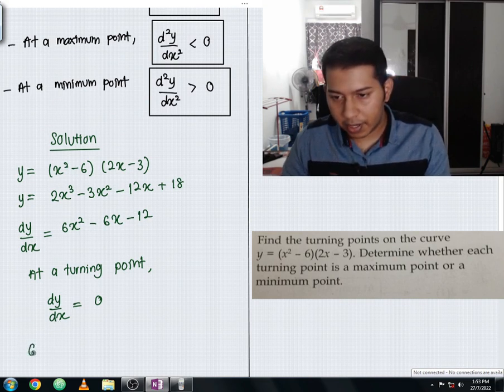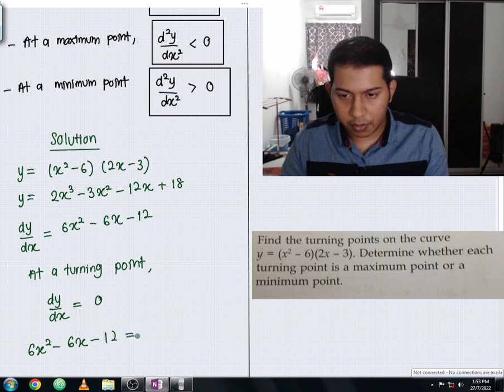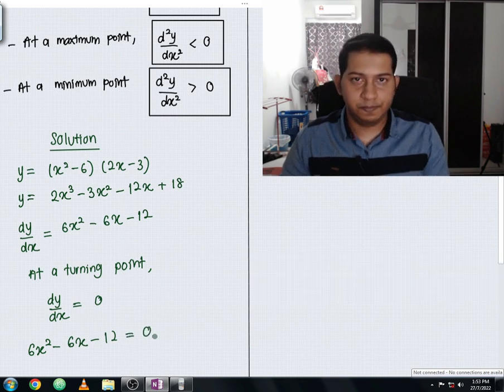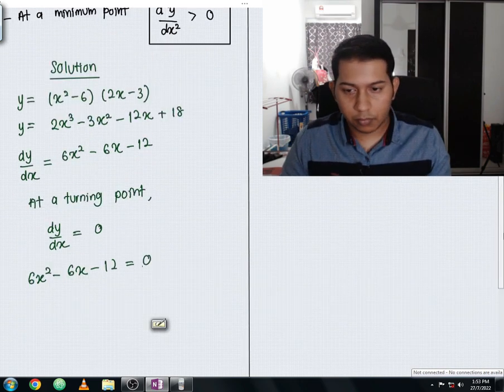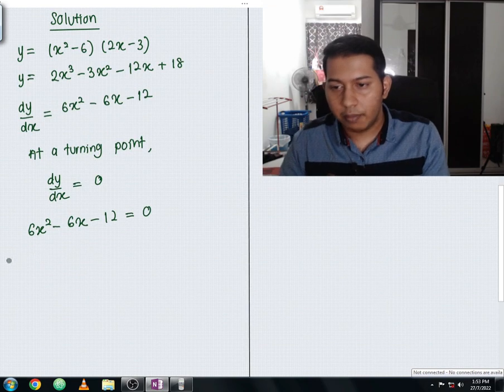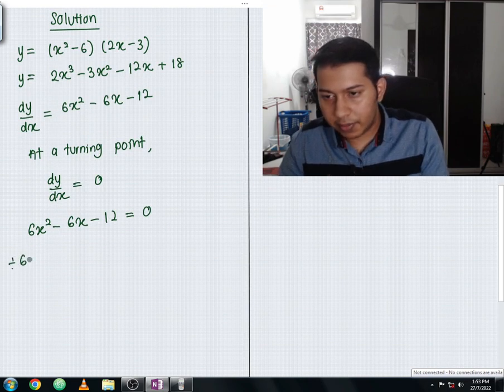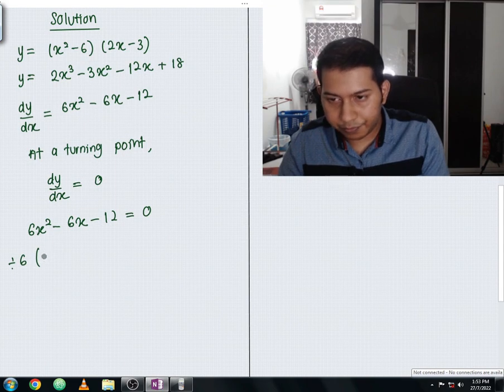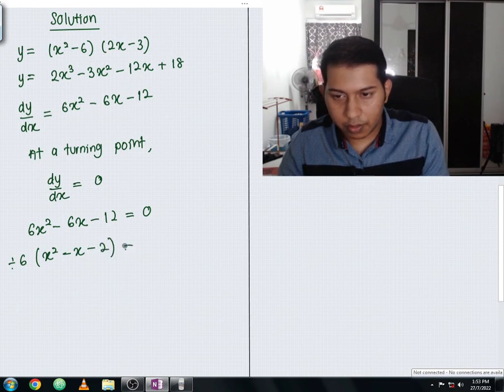So 6x squared minus 6x minus 12 equals 0. Before proceeding to the factorization, let us simplify this quadratic equation by dividing the whole equation by 6. So you're left with x squared minus x minus 2 equals 0.